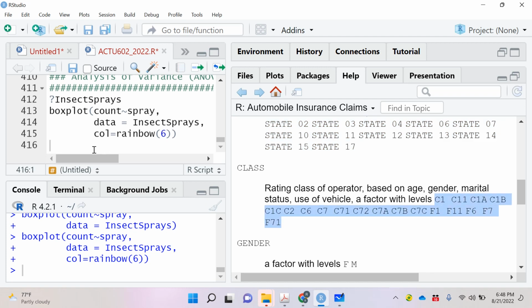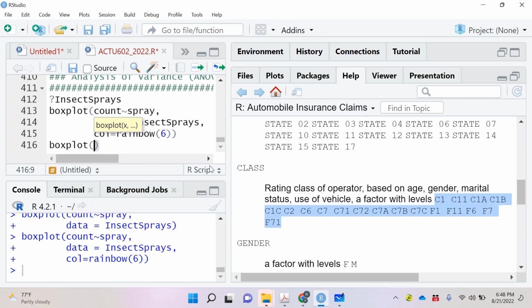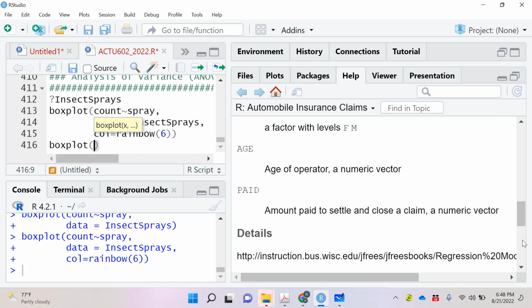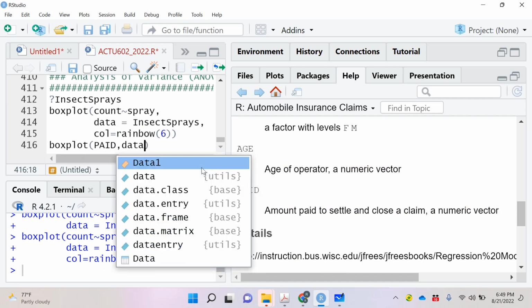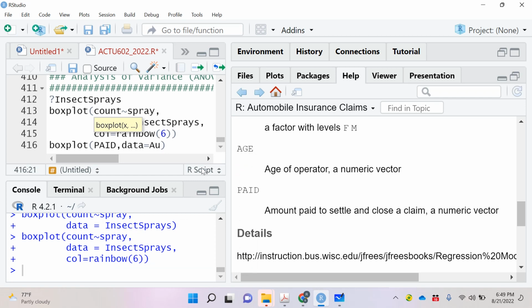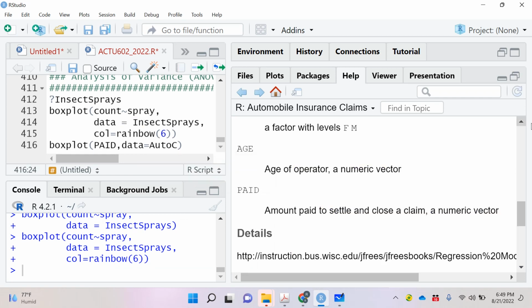So when we finish, we can also do a box plot. It's a box plot of, let me see, paid as a function of, okay, so let me first do my data. Data is equal to auto claims.